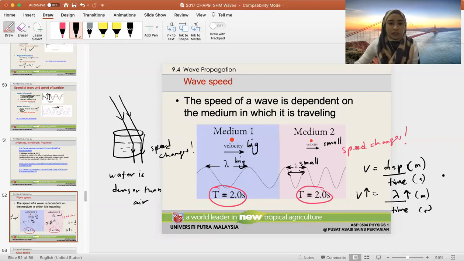Okay, when your lambda is big, your v is also big. You are traveling faster. When you are traveling more distance over time. When your lambda is small, your v is also small because you are traveling less distance over time. Okay, so that is just that.